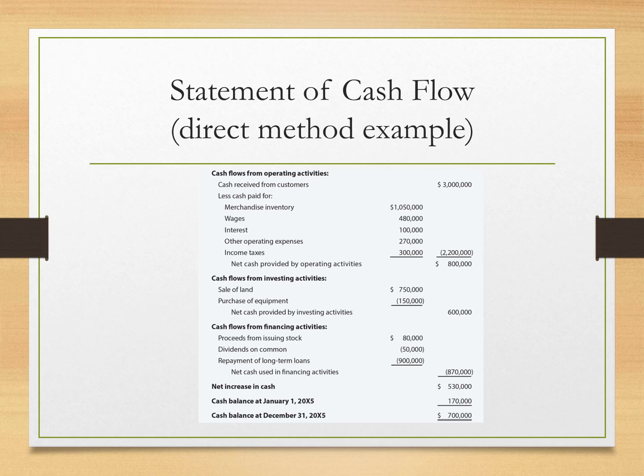The statement of cash flow is divided into three specific areas. Cash flow from operations. This represents the cash that is generated from our day-to-day activities of revenue and expenses. We then have cash flow from investing. Cash flow from investing represents the amount of money that the organization pays for assets and the amount of money that the organization receives when it sells assets.